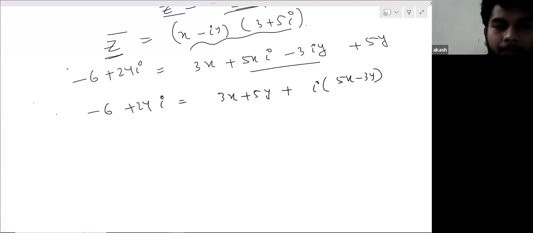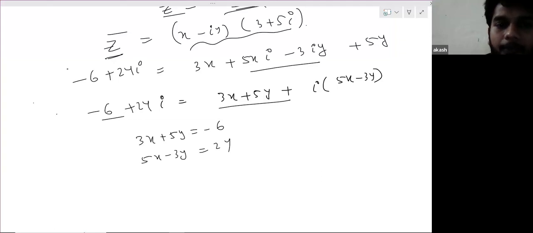So now if two complex numbers are equal, then the real part will be equal to the real part, and 5x minus 3y will be equal to 24. Now we have two linear equations. Do we know how to solve this? Yes, sir.